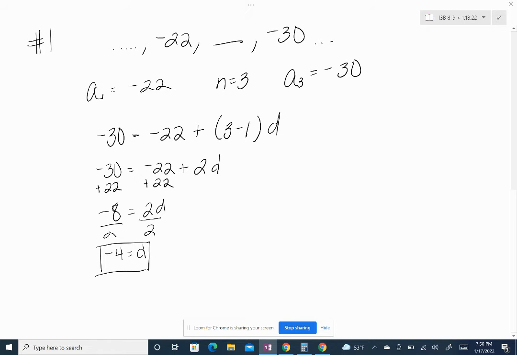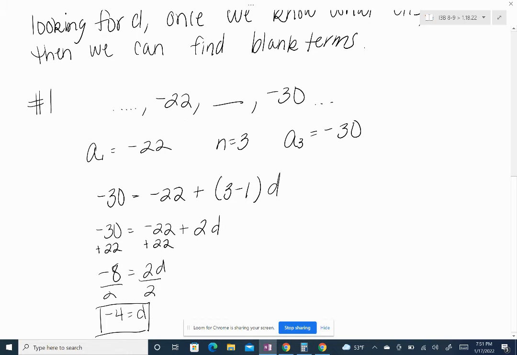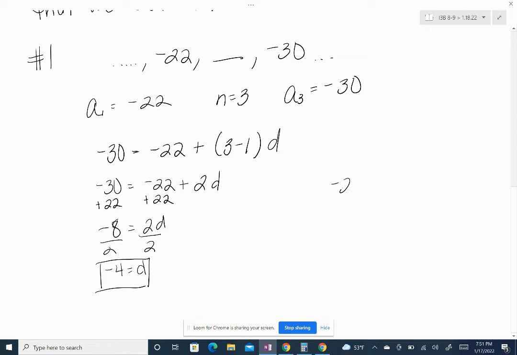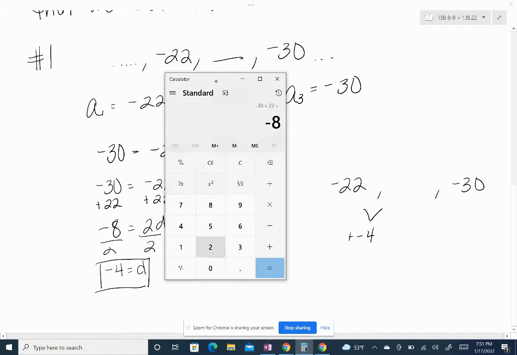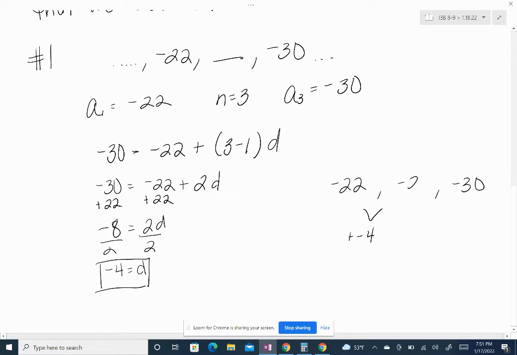We want to find the missing term. So I'm going to rewrite this over here: negative 22, something, negative 30. I'm going to add negative 4. Negative 22 plus negative 4 gives us negative 26. Negative 26 would be your answer.